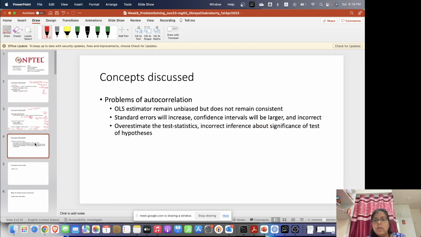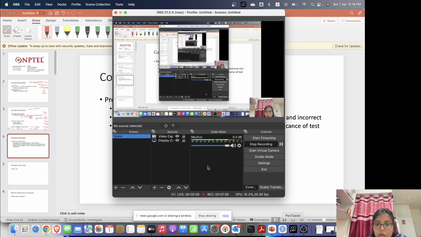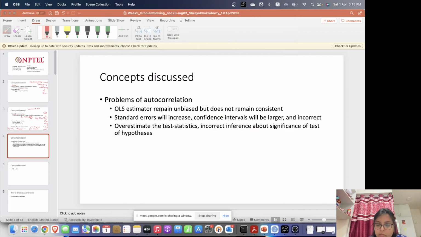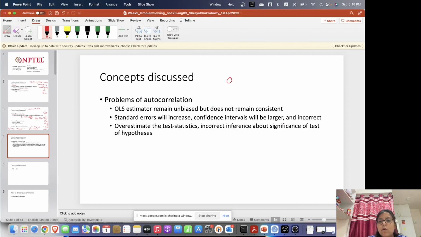Okay, so then we moved on to discuss what could arise as problems due to this autocorrelation. What problems would we face if we use OLS when autocorrelation is present? In such cases, even though the OLS estimator remains unbiased, it does not remain consistent, and the standard errors increase.